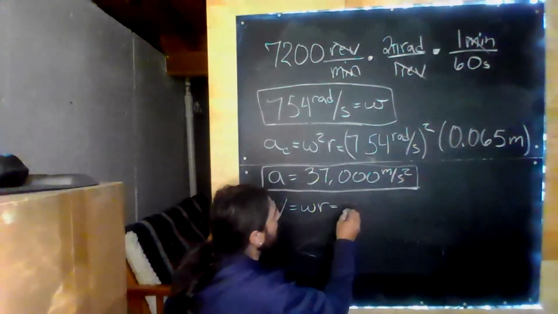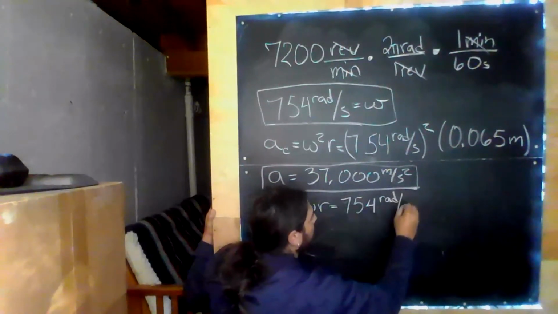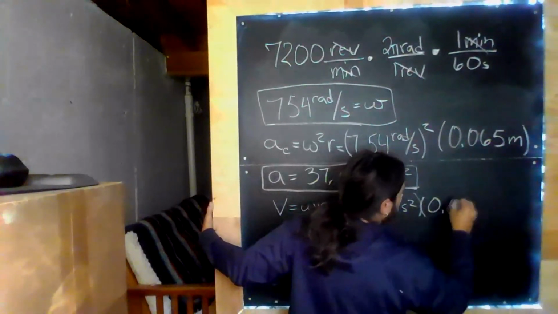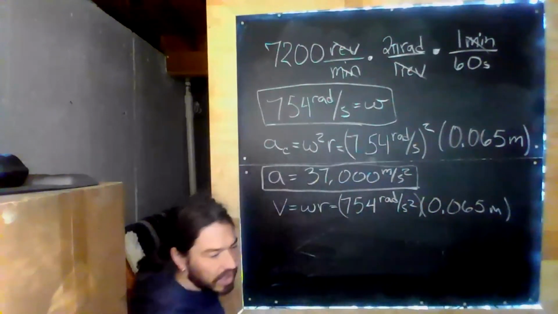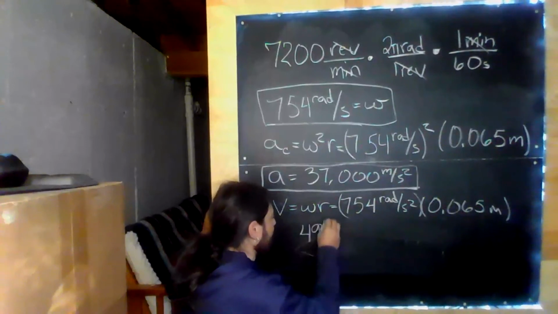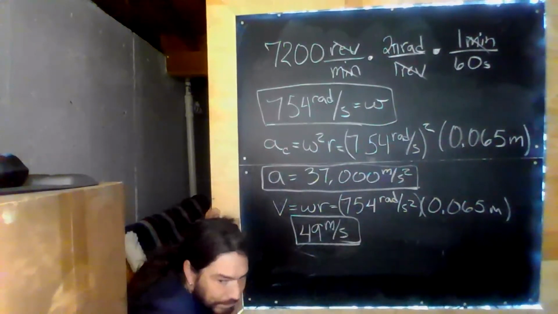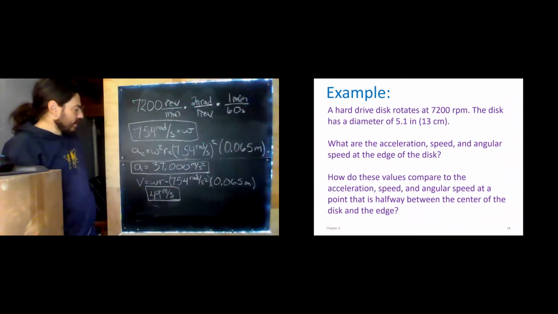Okay, so omega is 754 radians per second times r, 0.065 meters, and we get a number which is 49 meters per second. Okay. Not too bad. Another note on this.